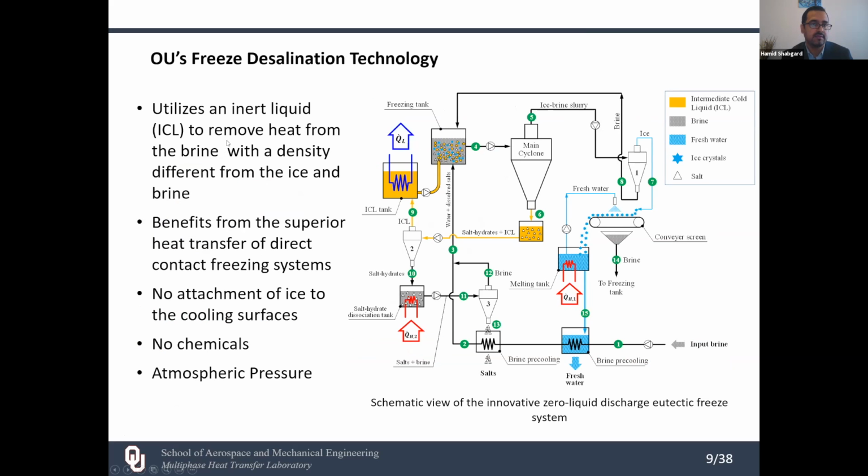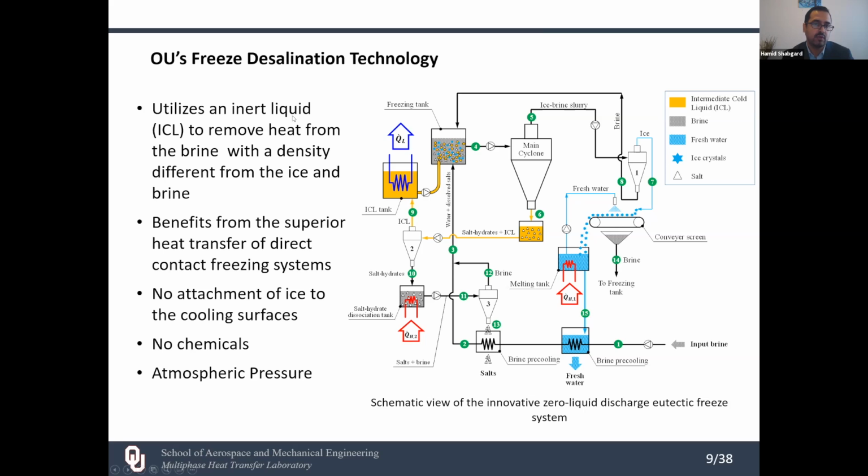So here is the technology that we are working with. The basic idea behind this technology is that we use an inert liquid, we refer to it as ICL, to act as an intermediate cooling agent between our refrigeration system and the brine.